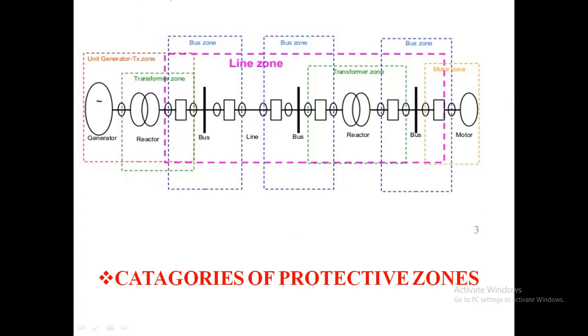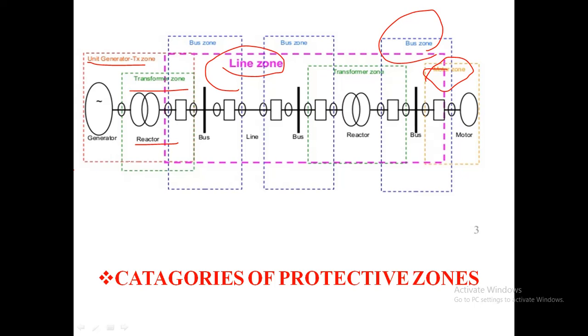What we saw in the previous slide has the same representation, but here it is represented by separate units: generator zone, transmission zones, this is your transformer, this is your line zone, this is your motor zone, and here it is your bus zone. Both circuits are the same; the difference is that they are represented with separate zones.